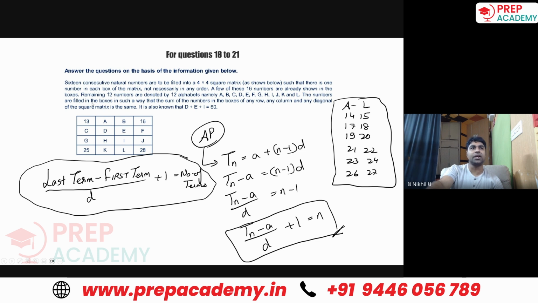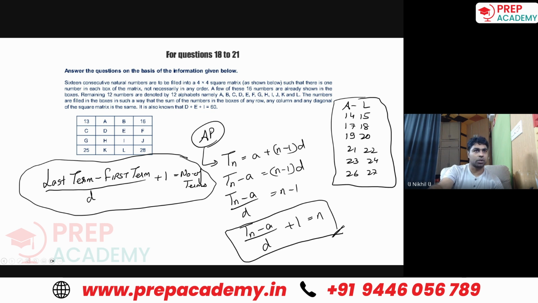The numbers are filled in the boxes in such a manner that the sum of the numbers in any row, any column, and any diagonal is the same. 13, D, I, and 28 is a diagonal. 16, E, H, and 25 is a diagonal. So this is the next important point.